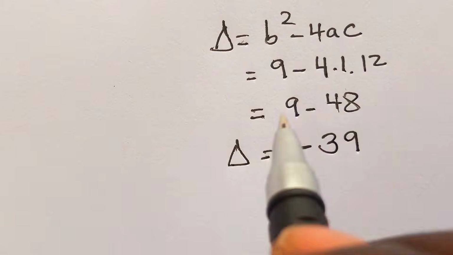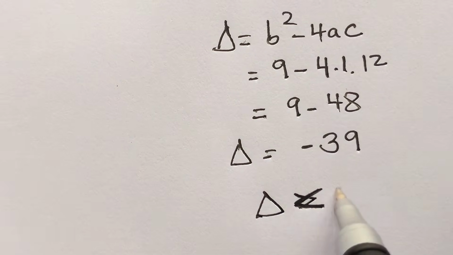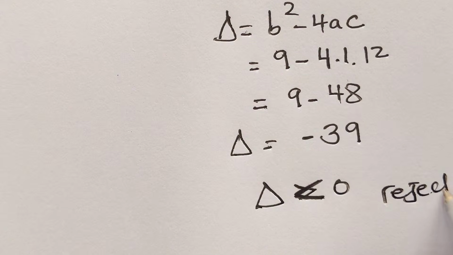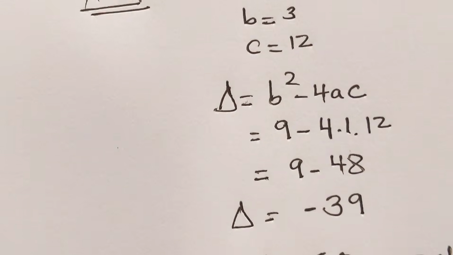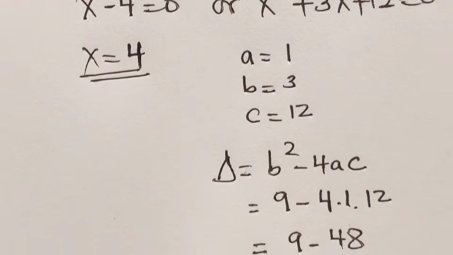Here delta is less than 0, that's why I shall reject these values, and you have x equal to 4.